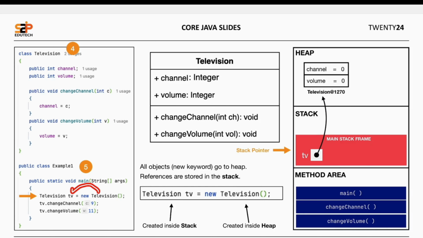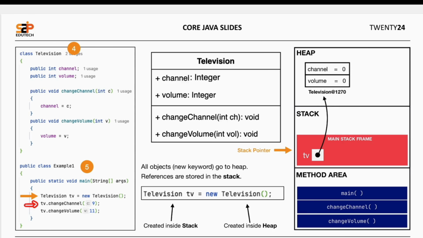See, the content of a reference variable is always a memory address. A reference variable is a special type of variable which is going to hold either a null value or the address of some object. Now, we can change the value of channel and volume with the help of behavior, with the help of these methods.